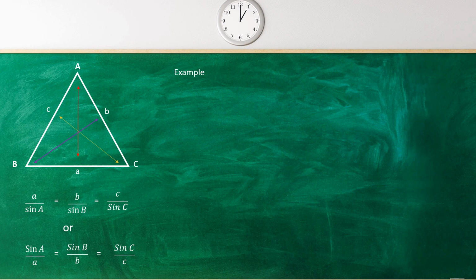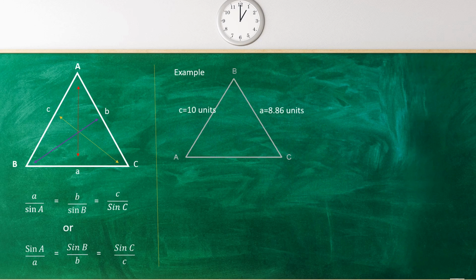Let us look at a specific example to guide us. In the triangle given ABC, we are given two sides. The first side is A, 8.86 units, and the side C, 10 units, and angle BAC, the angle at A, 54 degrees.